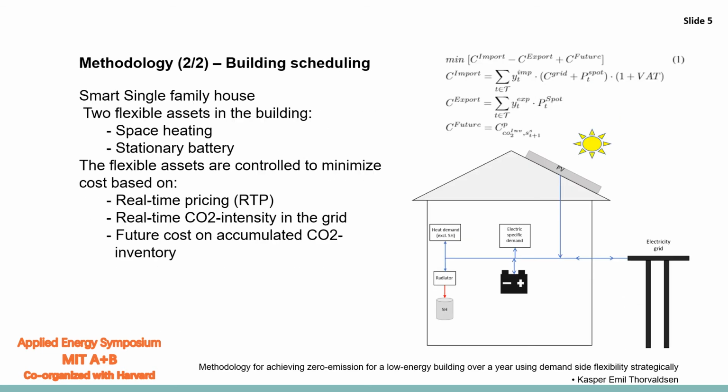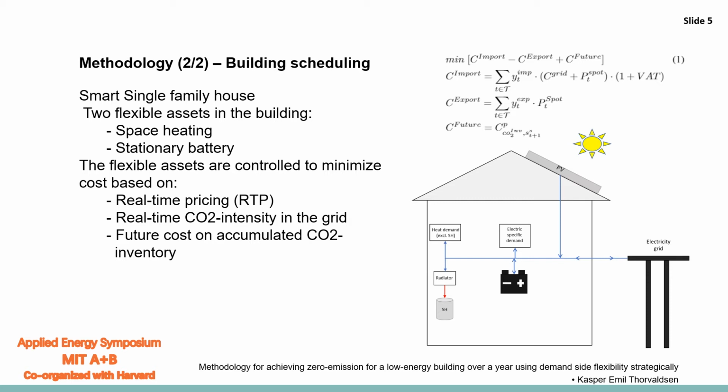So right here, I just wanted to briefly mention the building that I'm using in the SDP algorithm, so we can get a sense of what is included within the SDP algorithm decision making. We here have a smart single family house, which has 2 flexible assets present: the space heating, where it can control the indoor temperature between some boundary that we have set, and also a stationary battery that can be charged and discharged whenever we want.